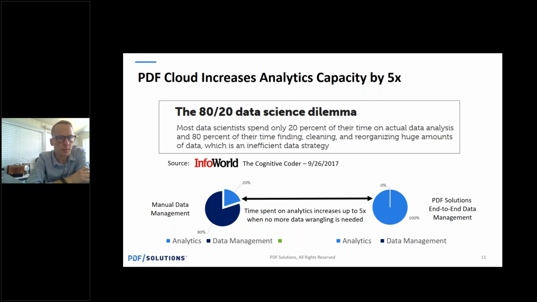Obviously this is a very inefficient data strategy. This is especially true today with the diversity of data types, the amount of data. Now more than ever, we need a central big data system to manage all of this data.